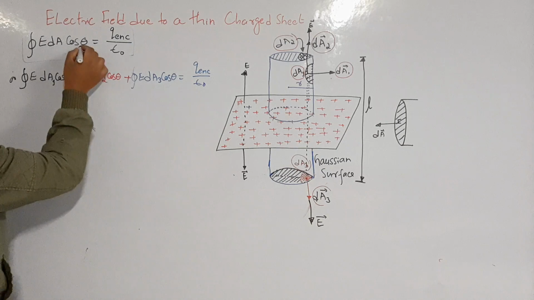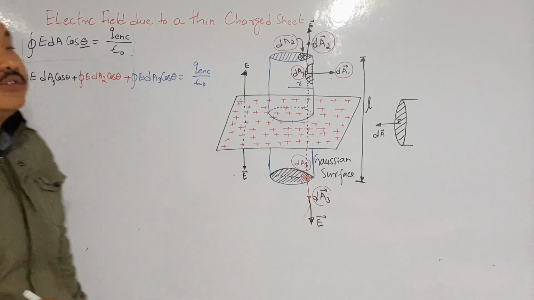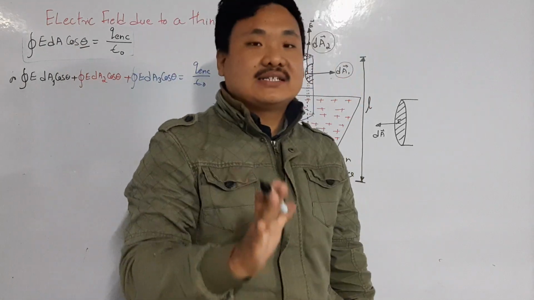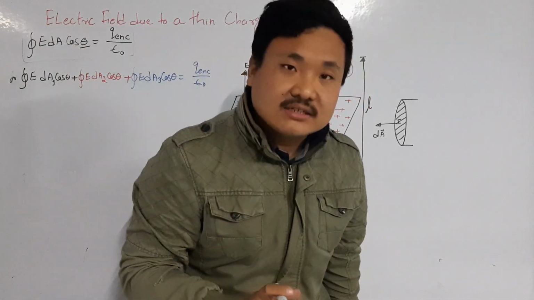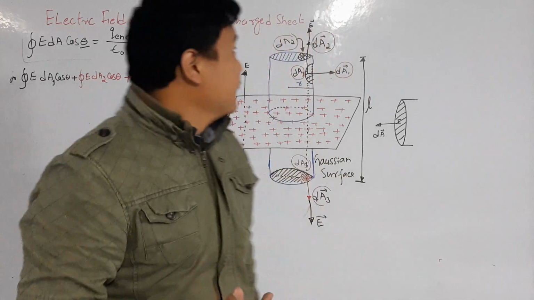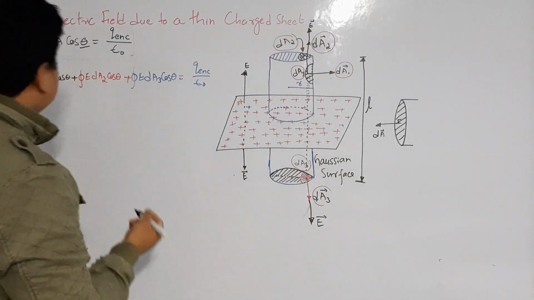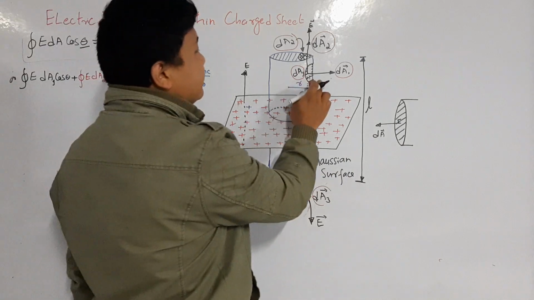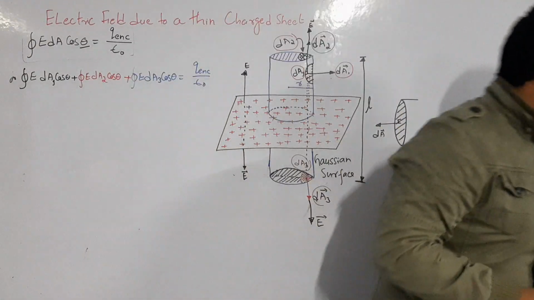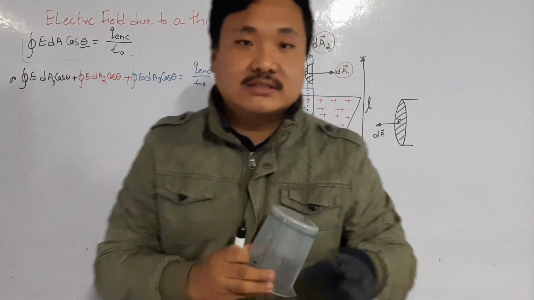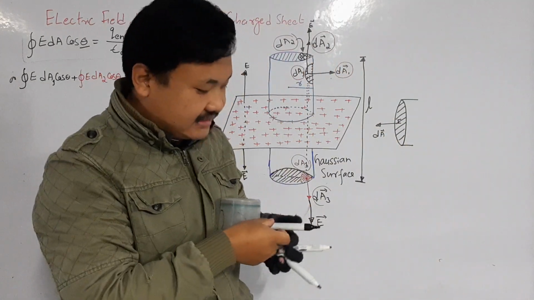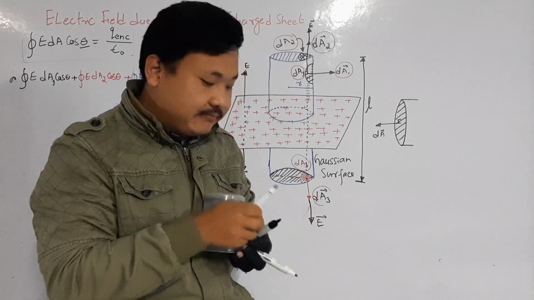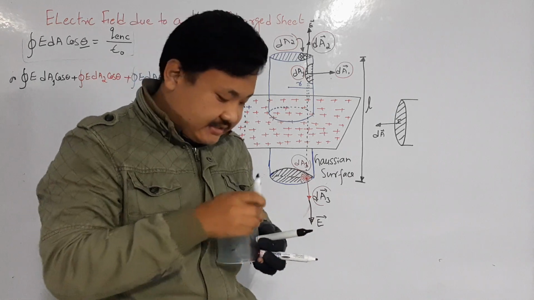Now what is this theta? Theta is the angle between the electric field vector and the area vector. Let me go to dA1 and E. dA1 is going like this, and the electric field everywhere is in this direction.